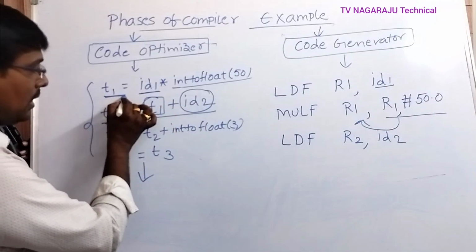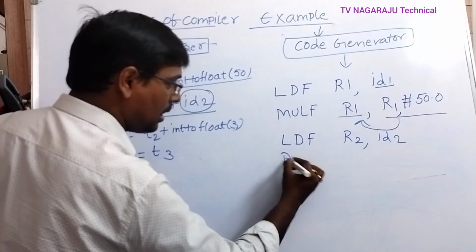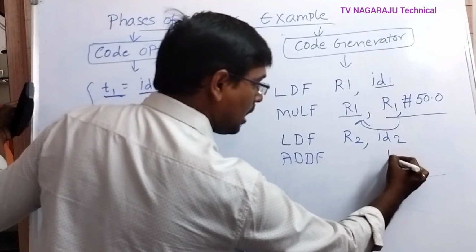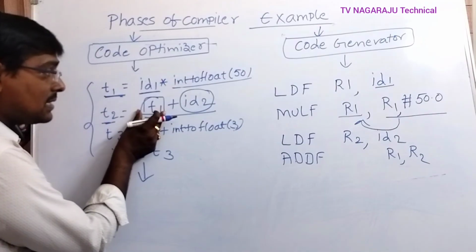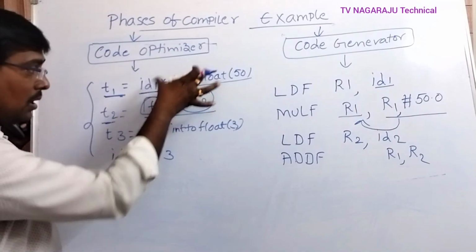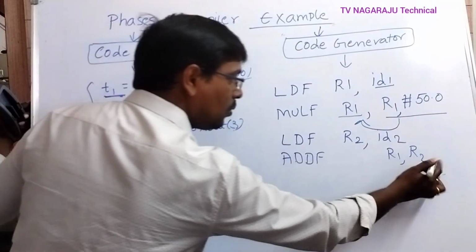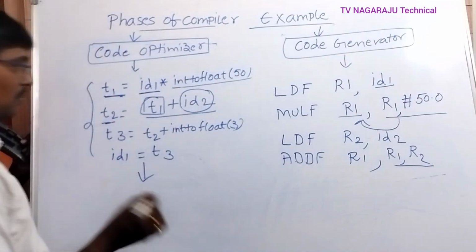T1 is this one. This entire result is in R1, right? So same thing. Addition. F says floating point number. R1 comma R2. R1 in the sense this entire thing is R1. This is R2. Perform addition between R1 and R2. Again the result is copied into R1.